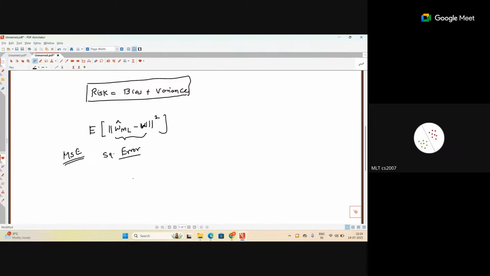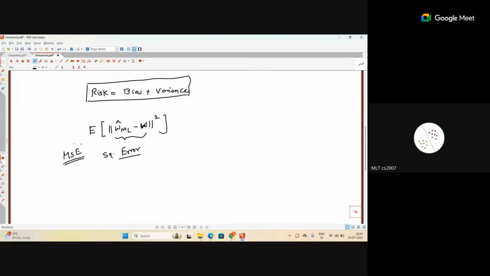Whatever W hat ML we have found, is it going to be the actual W? No, because it is an estimator of the true W. That means there should be some error between these two. If I take the squared errors for all and find out its expectation, that is called the mean squared error here.